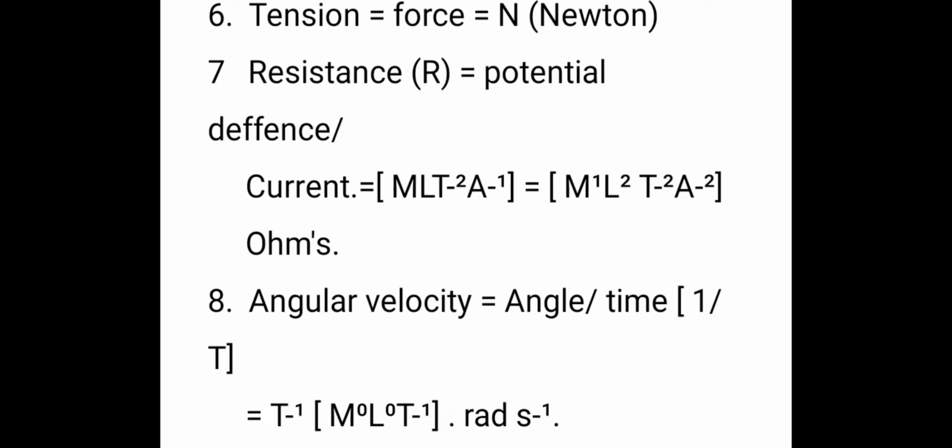Ohm's law is V is directly proportional to I, or V is equal to IR, where R is the resistance of the conductor. The resistance R is directly proportional to the length and inversely proportional to the area of cross section of the wire.